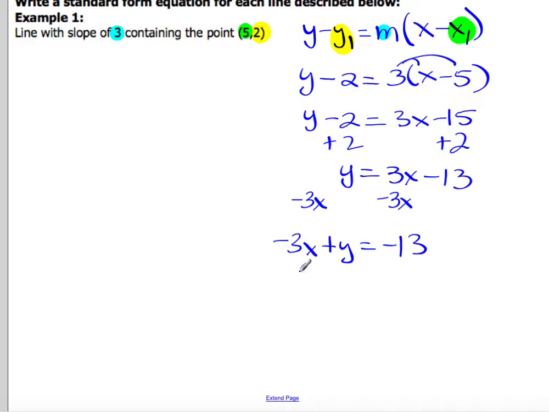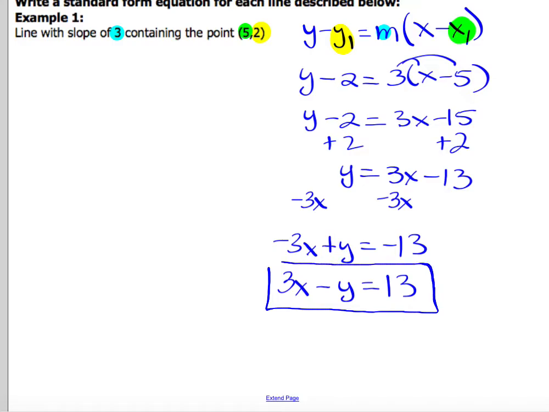But remember, we don't want to leave the x term negative. So we're going to multiply everything by -1 to change all the signs, which will leave us with a positive x term, which is what we want. We have all whole number coefficients, no decimals or fractions in the equation. This is the standard form for this particular equation.